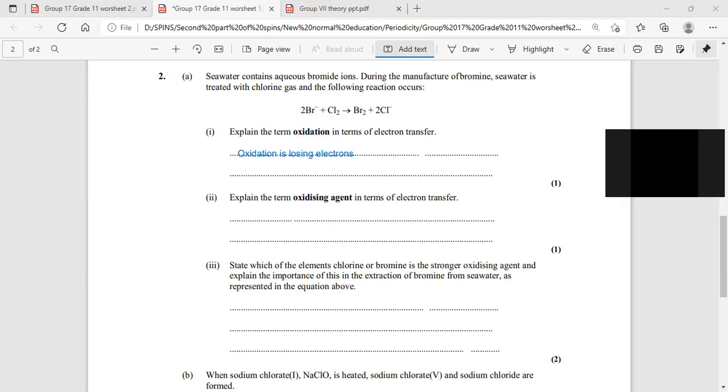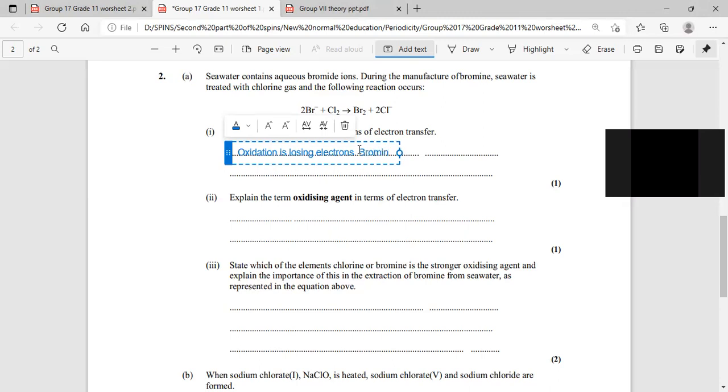Let me see. Are you sure? Bromide is oxidized from Br minus to Br2.